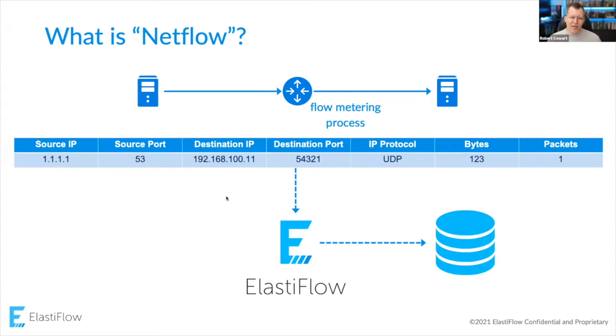You could get information about class of service and VLANs and maybe application identity. Why did the session end? It really depends on what the vendor has provided in their implementation. We actually support out of the box about 6,500 different pieces of information that vendors may provide in their flow data. And once you take these records, we process them and extract value from them.